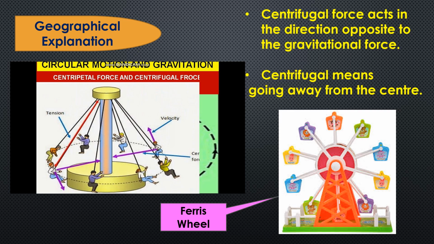Centrifugal means going away from the center. We can experience this force when we sit in the giant wheel. Once it starts, we notice that as the seats are spinning, they lean outward away from the wheel. This happens due to the effect of the centrifugal force.